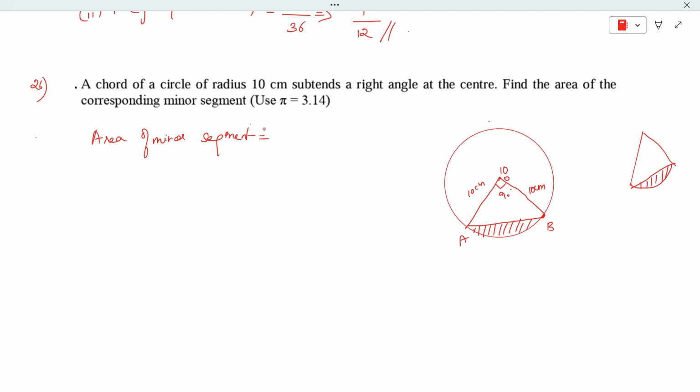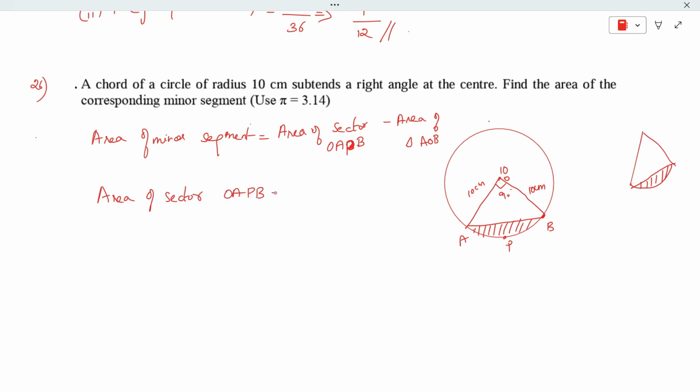So area of a segment is equal to area of sector OAPB, taking a point P here, minus area of triangle AOB. I can do it separately, so let me do it separately.